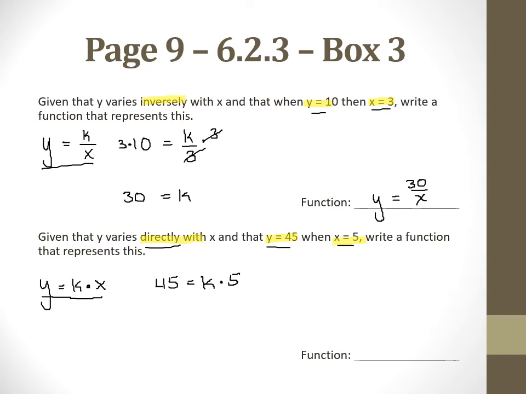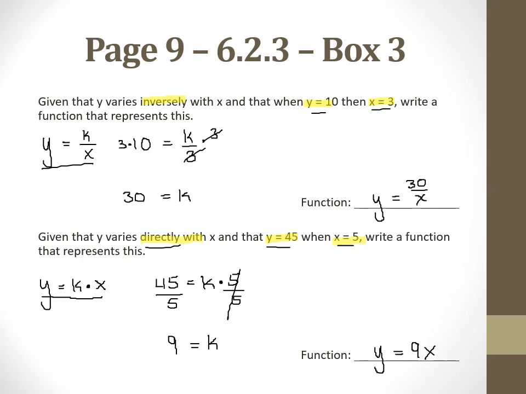So to get rid of the 5 and figure out what k is equal to, we'll do the opposite of multiplication by 5, which is dividing both sides by 5. 45 divided by 5 is 9, and that's going to equal my constant. So I know that y equals k times x. If k is 9, then my equation becomes y equals 9 times x.